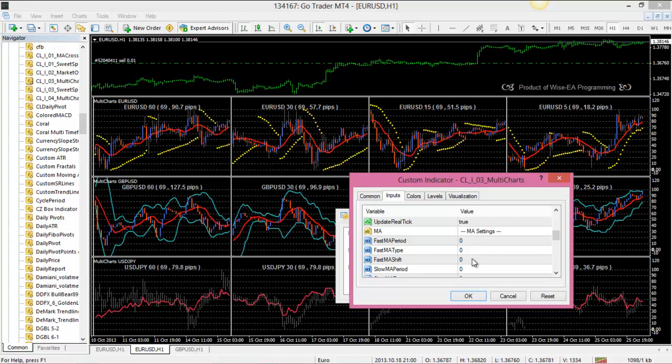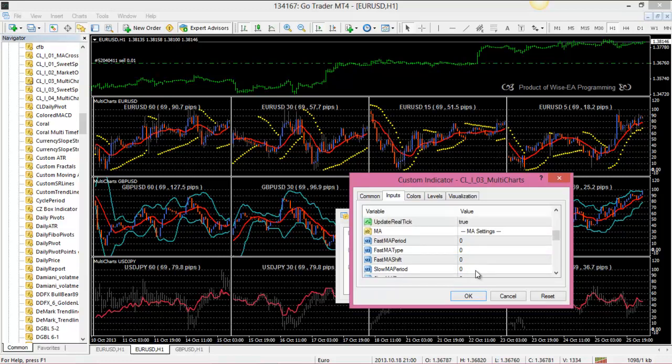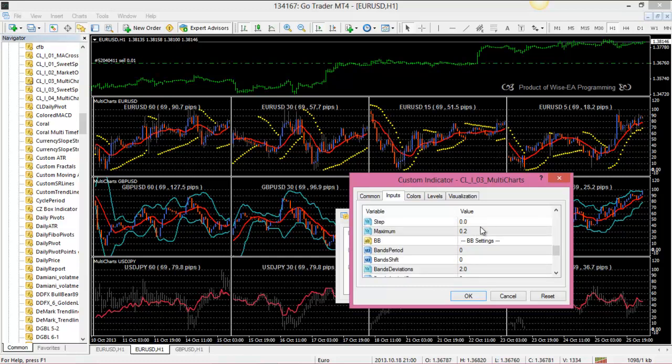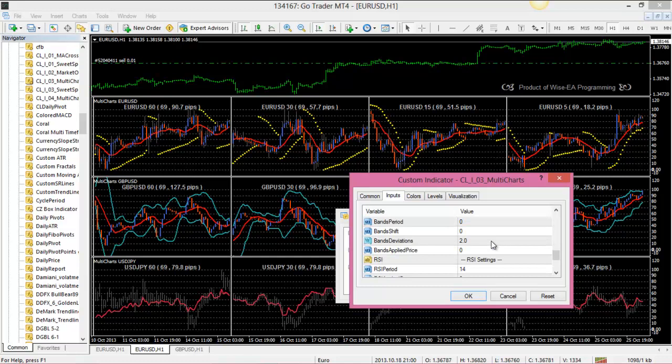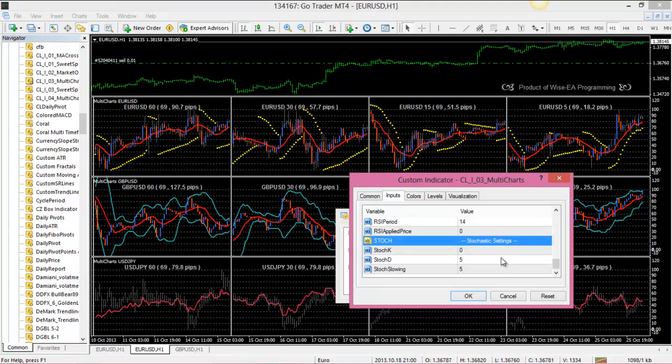Okay, that's the most classic strategy. So we are displaying two moving averages, and this is parabolic SAR, this is Bollinger Band, this is RSI, and this is stochastics, and those are the default indicators.